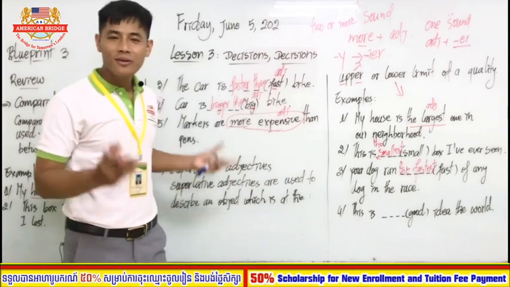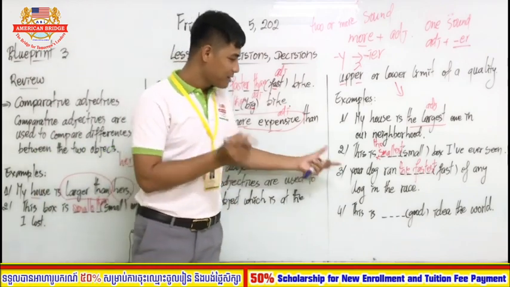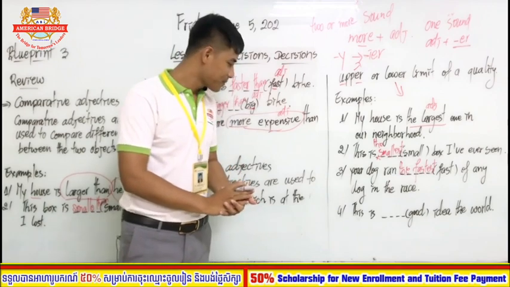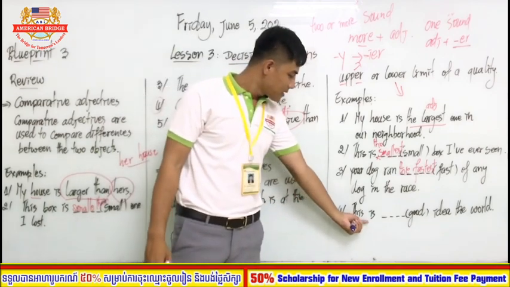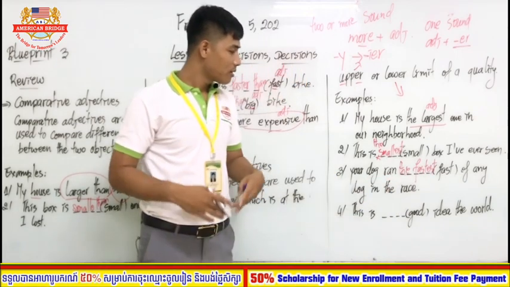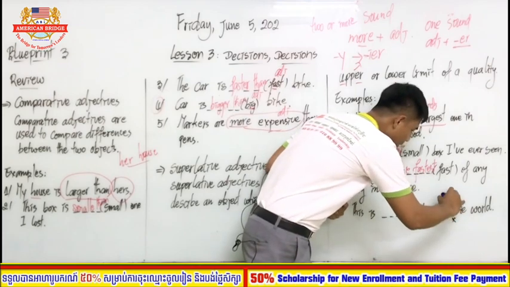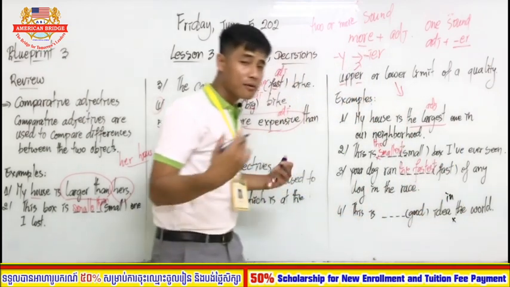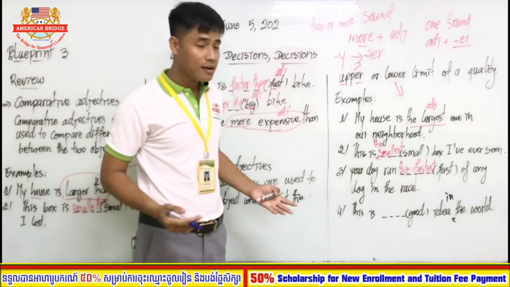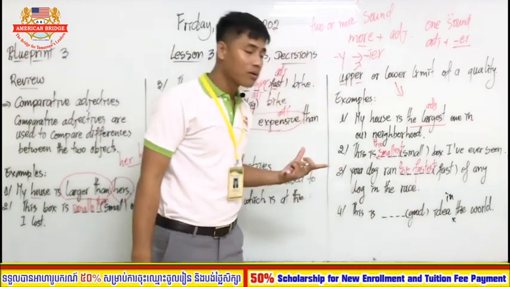Okay, let's move to the last example altogether. Number 4. This is blank good idea in the world. Okay, sorry for the mistake, everyone. The good idea in the world.